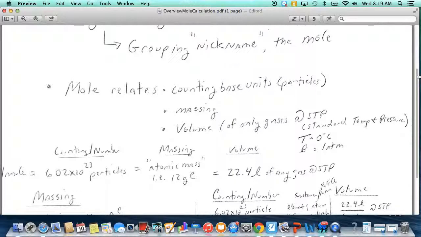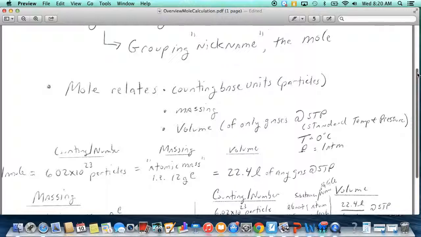So we can now create three separate mathematical relationships between the mole and one of the three properties: massing, counting, or volume.